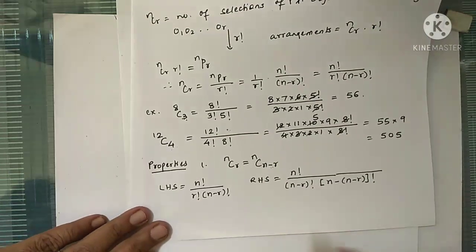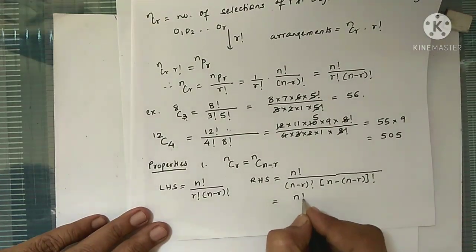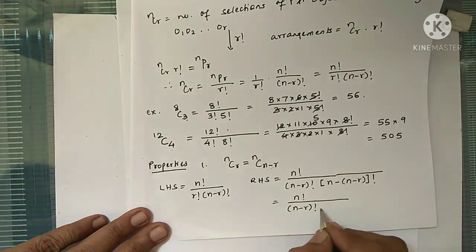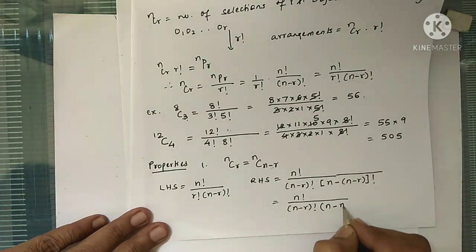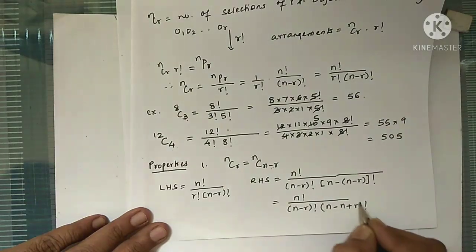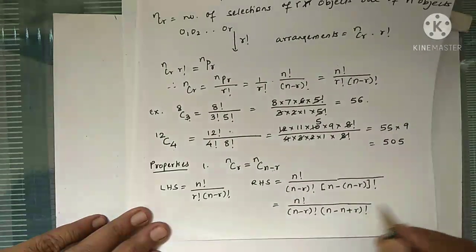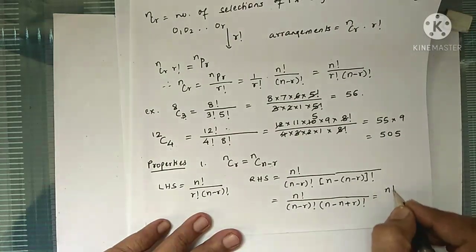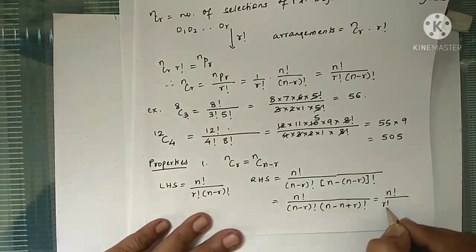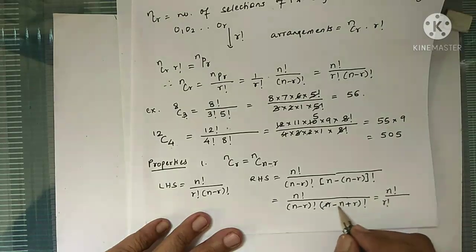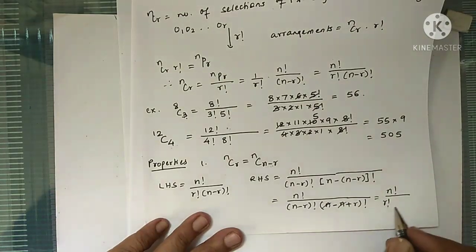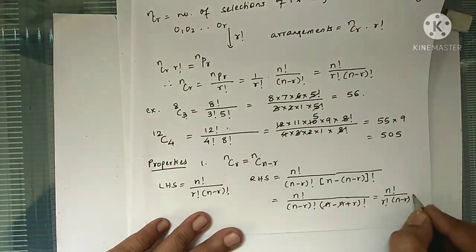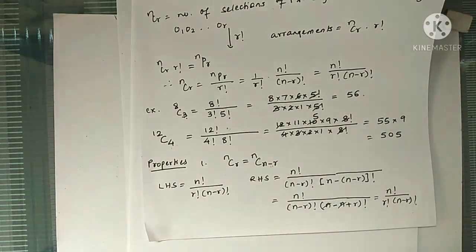Here there are two terms. So it is n factorial, (n minus r) factorial. Now open this bracket, so it becomes n minus n plus r factorial. So this n minus n gets cancelled and it is n factorial upon r factorial, I have written that first, and then this term (n minus r) factorial. So it is one and the same thing.